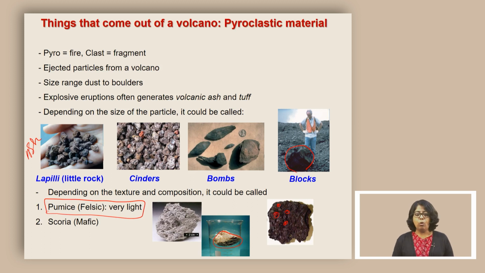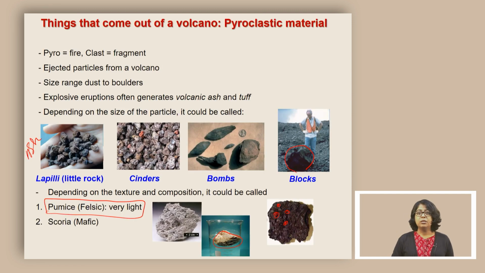So, with all these things, let us try to summarize what we learned today. We talked about the different kinds of things that come out of a volcanic activity, the materials that come out of it, including the liquid, the gas and the solid particles.